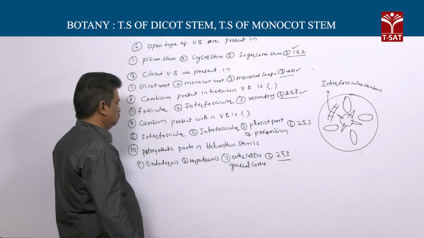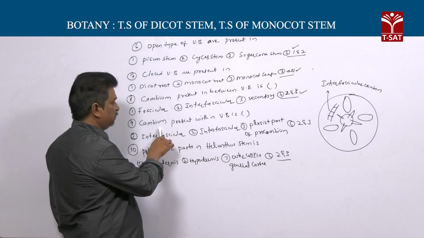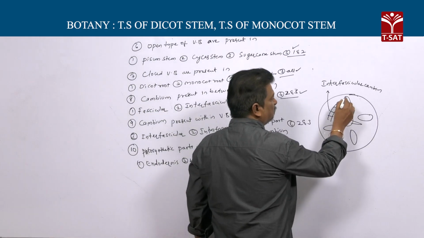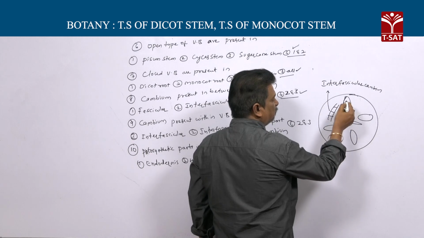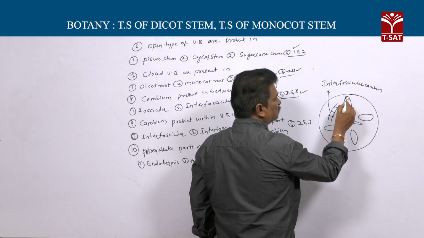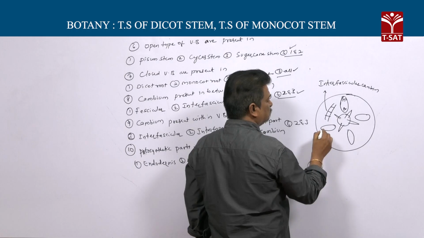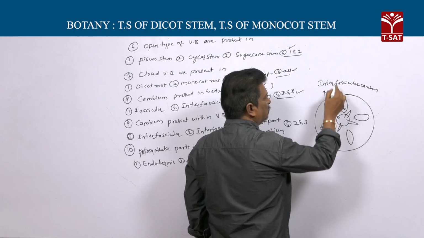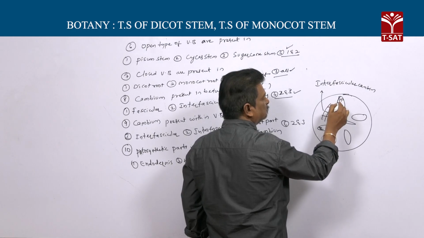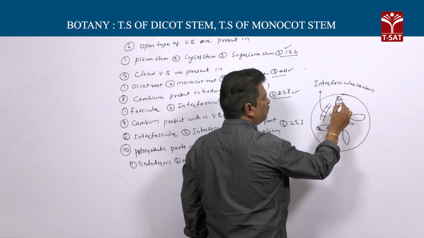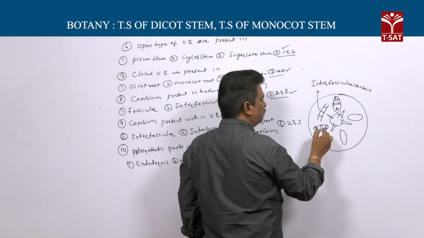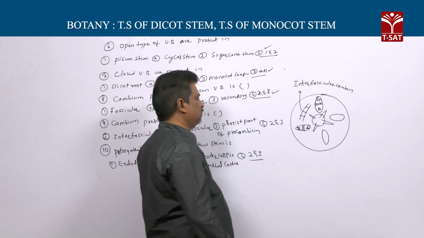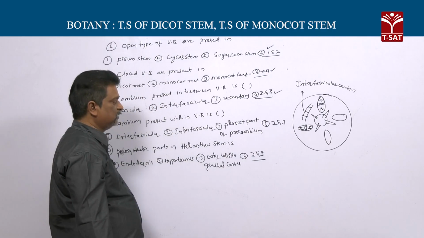The next one, cambium present within vascular bundle. Here, within vascular bundles means the primary vascular tissues, phloem and xylem. These primary vascular tissues develop from procambium. After formation of these vascular tissues, some amount of procambium persists inside the vascular bundle.